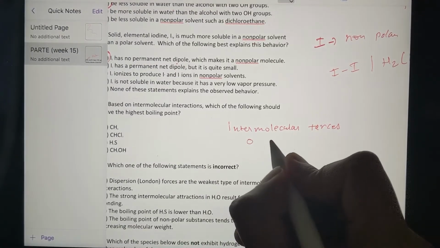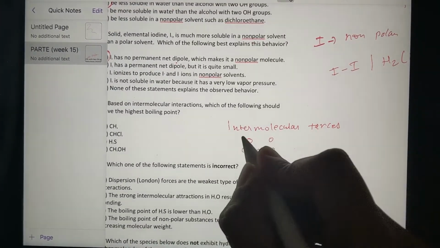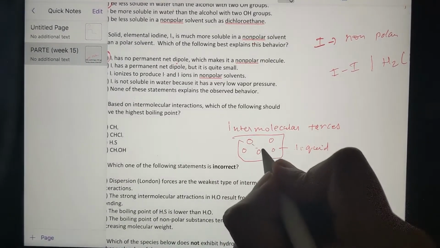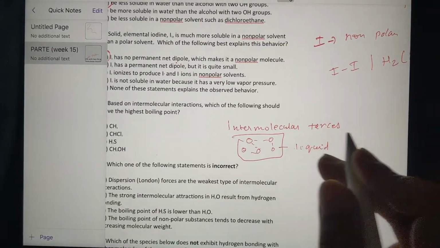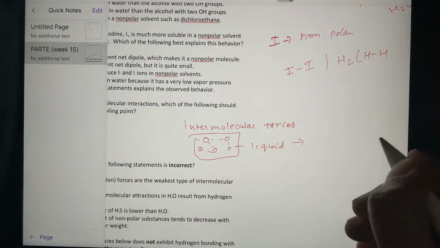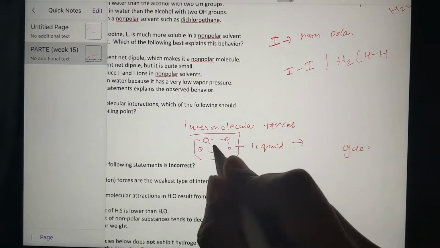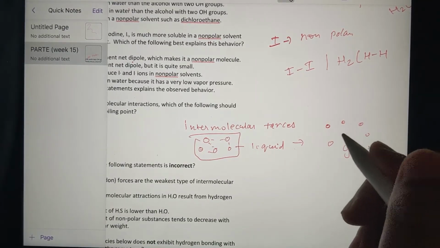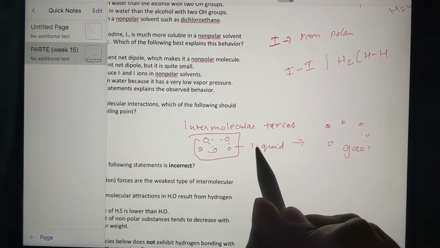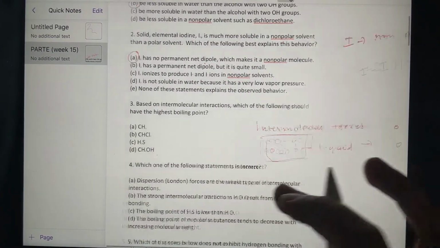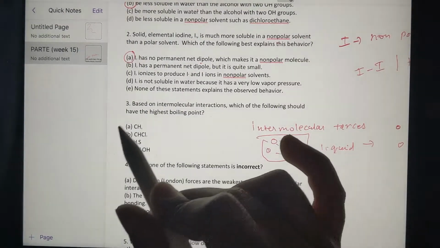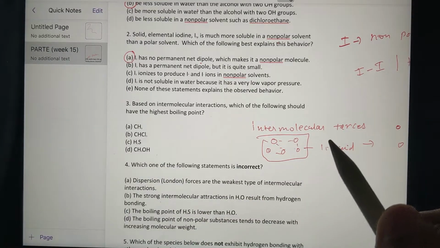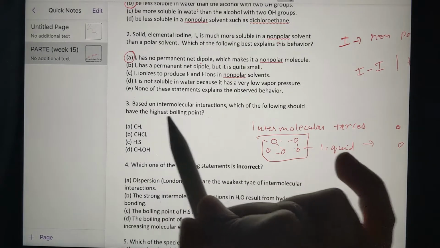Different molecules in the liquid are connected by weak intermolecular forces. When you boil it, it changes to gas, and these weak intermolecular forces break and the molecules are no longer connected, and that's how it gets converted from liquid to gas. So to answer this question, we'll see which one has the strongest intermolecular force, because that molecule will have the highest boiling point.